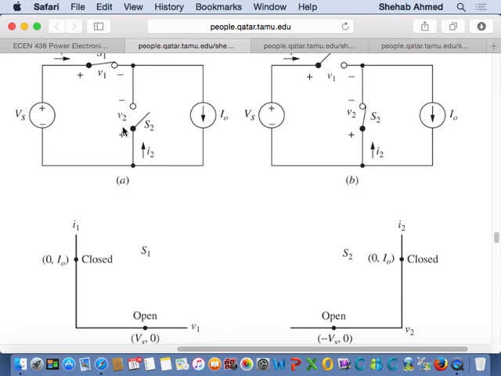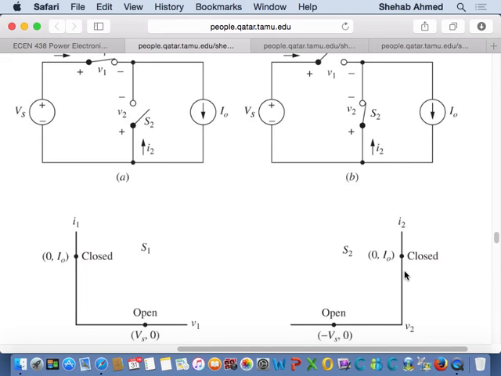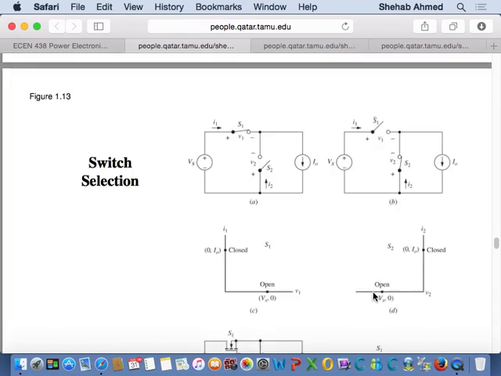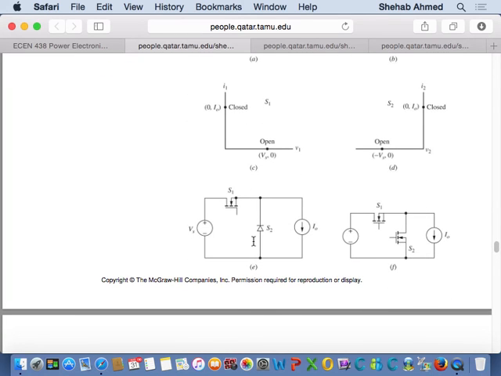So V2 is negative Vs. So it's blocking negative voltage. So it blocks negative voltage and conducts positive current. What is the device that can do that? The diode can do that. So if the diode can do that, then this is what I need to stick in the circuit. So this is the circuit that we just went through.